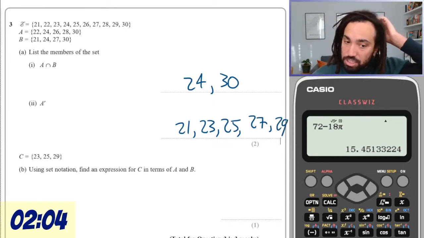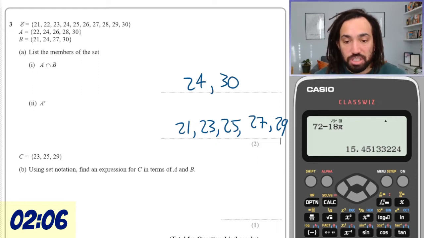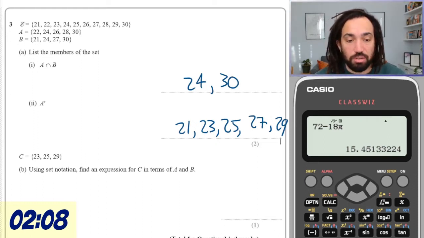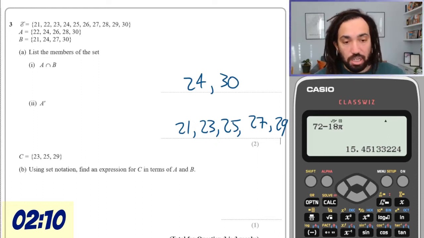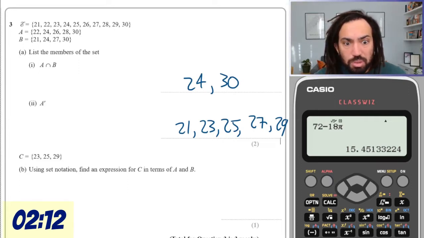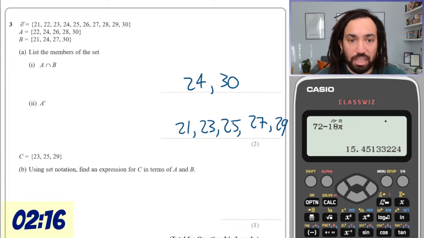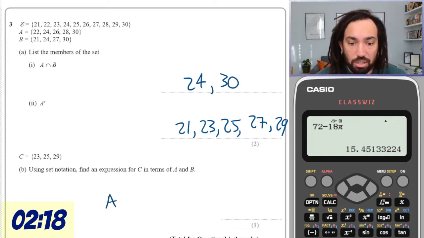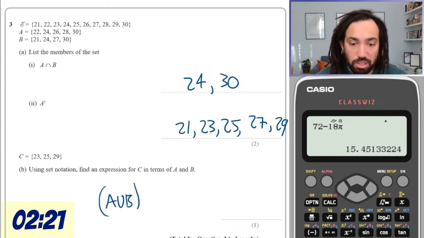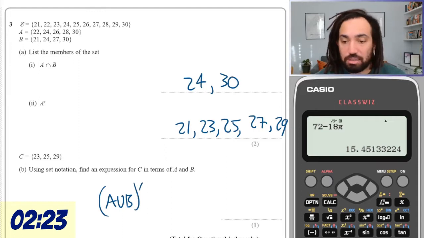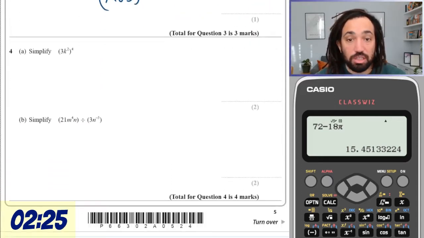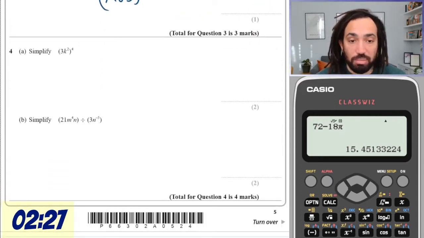Using set notation, find an expression for C in terms of A and B. So this is 23, 25, and 29. Those are the ones that are not in A or B. So they are not in the union of A and B.